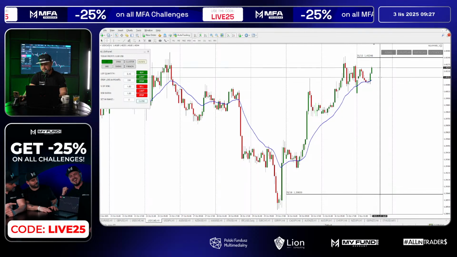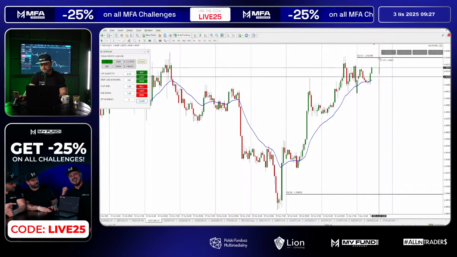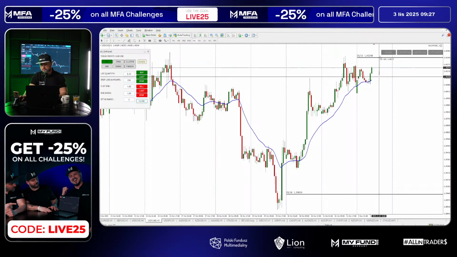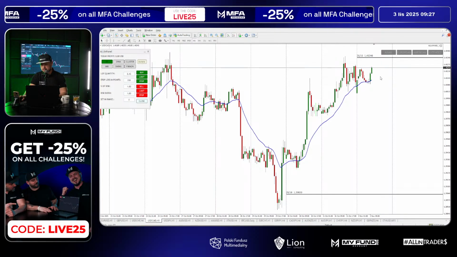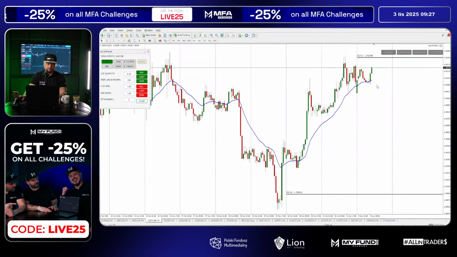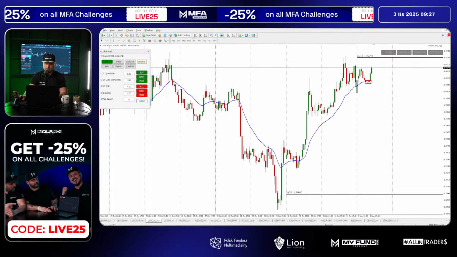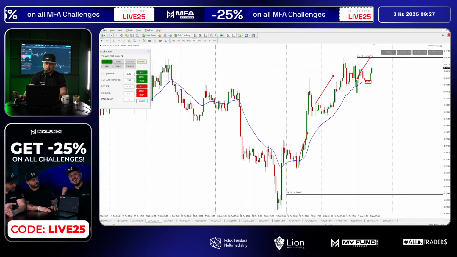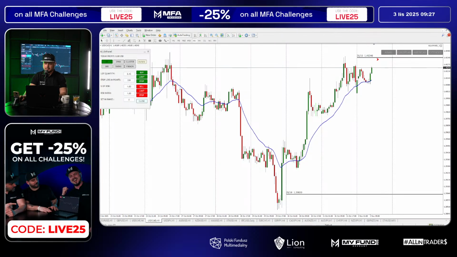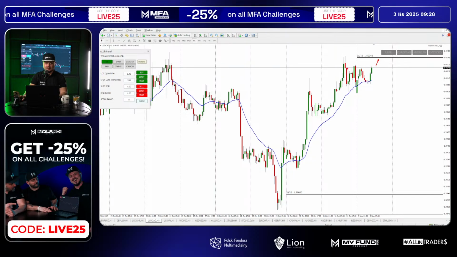Let me just check. I think we might not have enough space for this trades. This is nice because we got reaction at exponential moving average. We are in bullish market structure, okay, but it's a little bit tight over here.